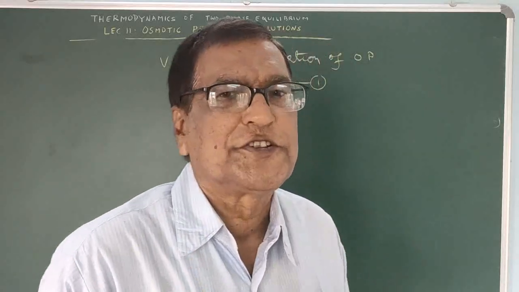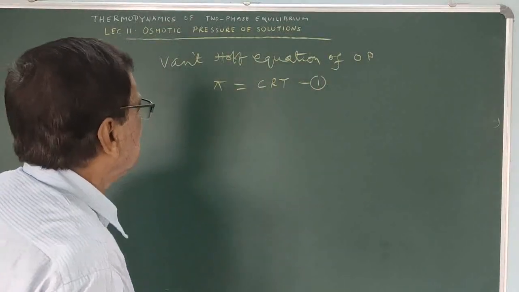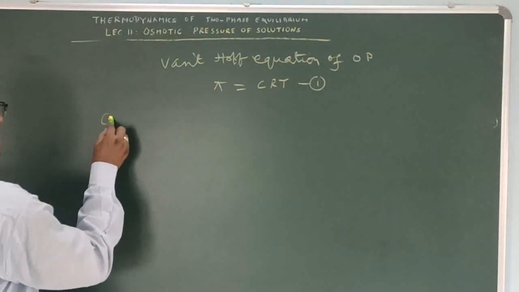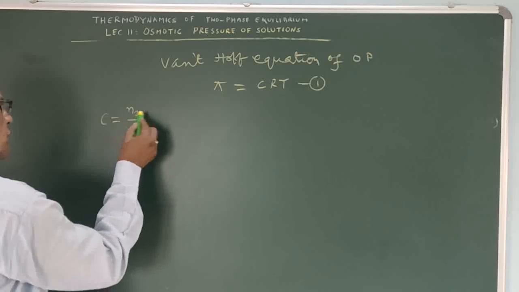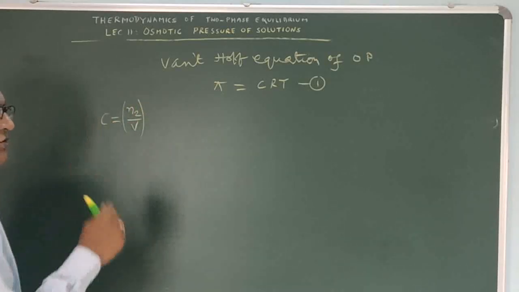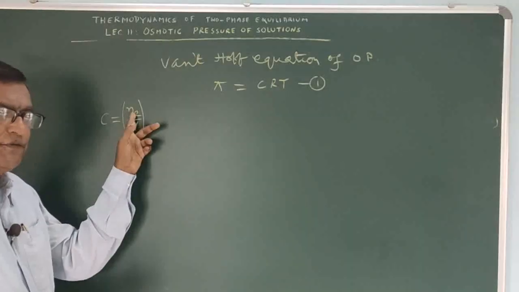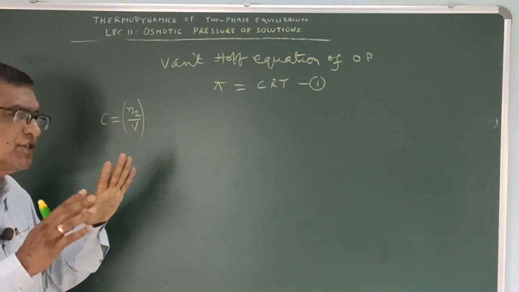These are the restrictions. In another form of this equation, we can write C, the molar concentration, equal to the number of moles of the solute dissolved in V liters of the solution.